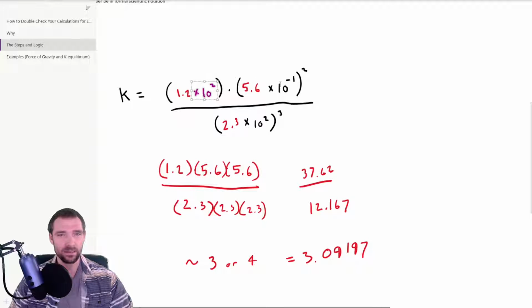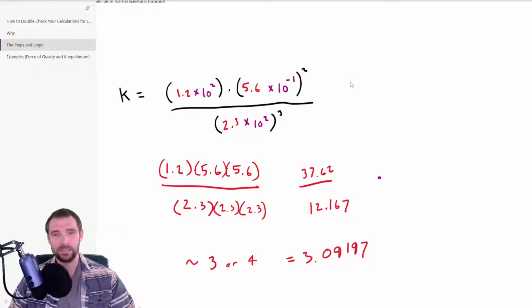You might say, oh, this is 10 up to the 2, this is 10 up to the -1, and this is 10 up to the 2 here. But remember, we've got these exponents as well, which you've got to take into account. So be careful there. All of this is being multiplied. This was equal to that, right?